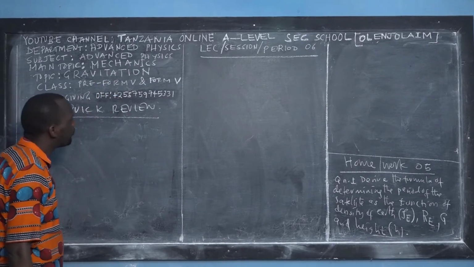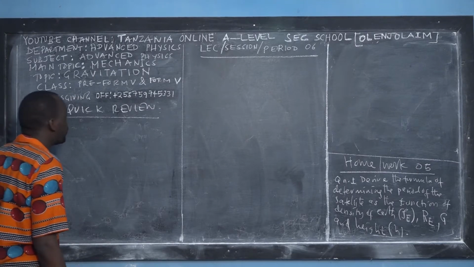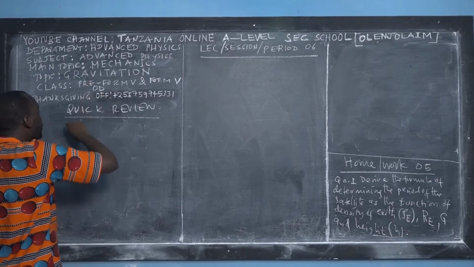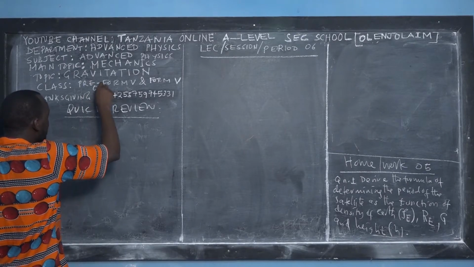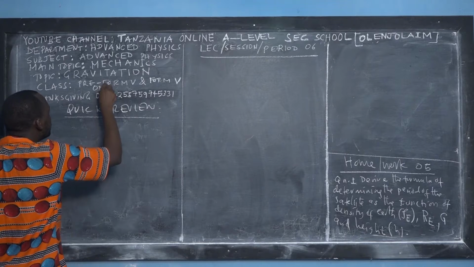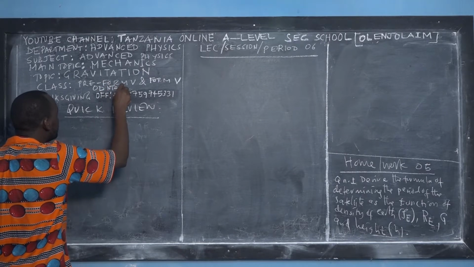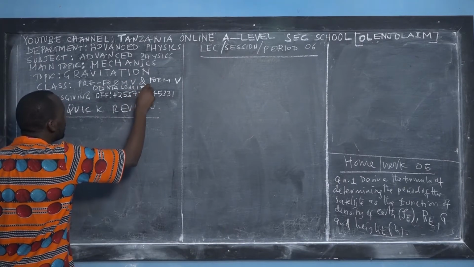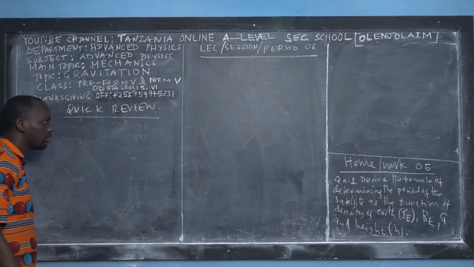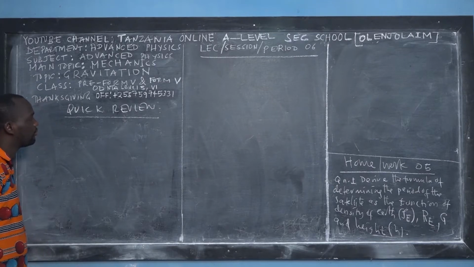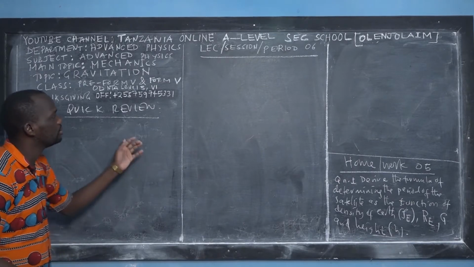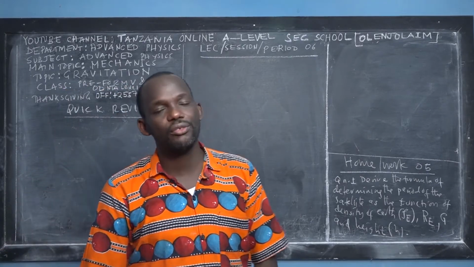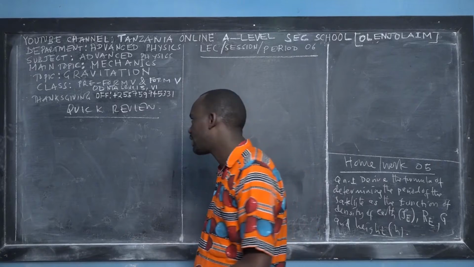This is for pre-Form 5, Form 5, and especially NTA level 5 students pursuing an ordinary diploma in engineering, according to the NACTE curriculum. But this material might also be relevant for students preparing for the final exams in Form 6, and even anybody else who is learning about gravitational mechanics, because it is going to give you a lot of information about gravitational mechanics.